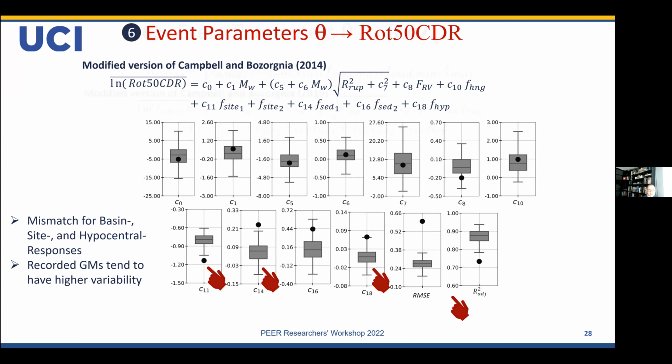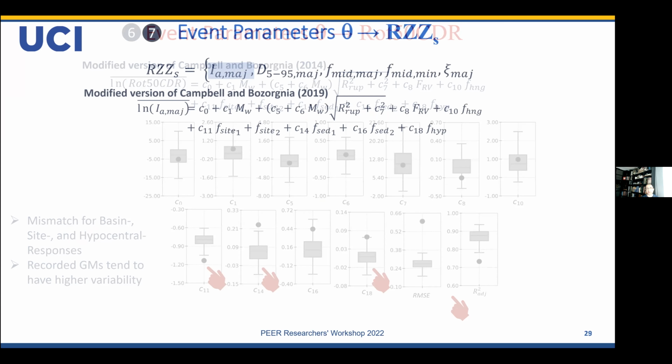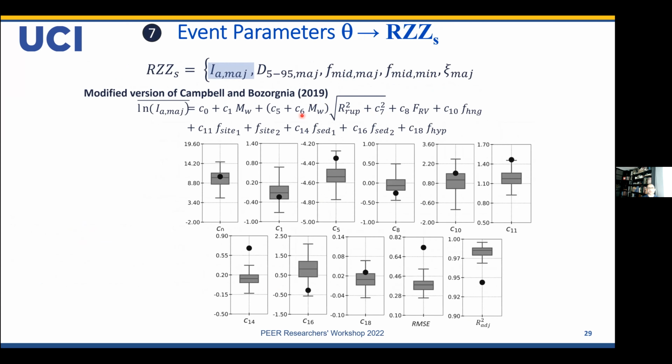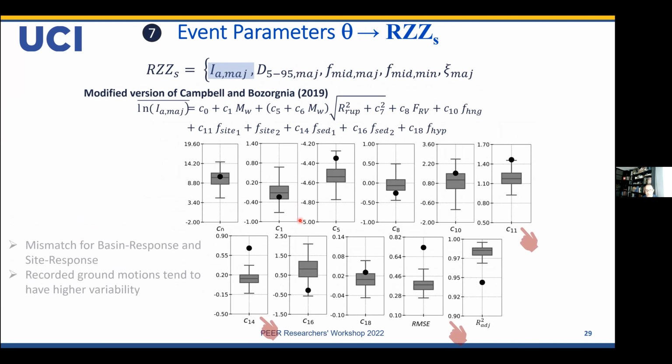And this shows itself once you do the regression of the RZZ versus events. The same parameters are showing mismatch, which basically shows that the simulations can improve in this range. What shows to be insufficient? Here, event parameters to RZZ show to be insufficient from event parameters to EDP.